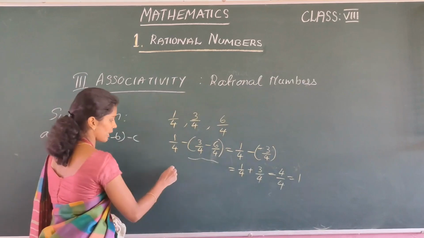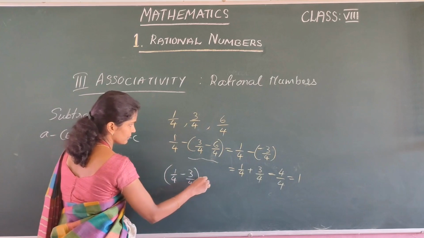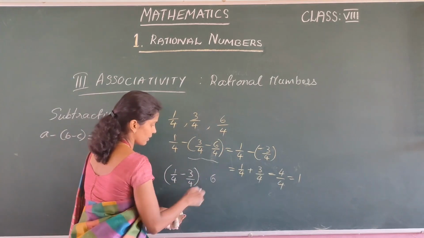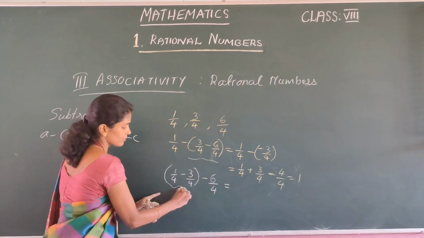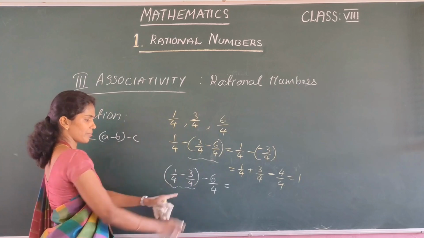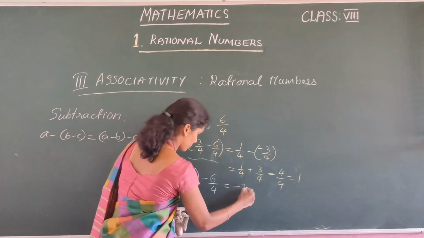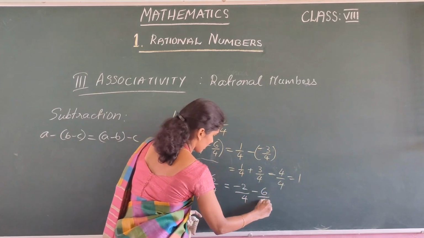Then what about (1/4 minus 3/4) minus 6/4? First we solve these two. 1/4 minus 3/4, denominators are same, just subtract the numerators: minus 2/4 minus 6/4.